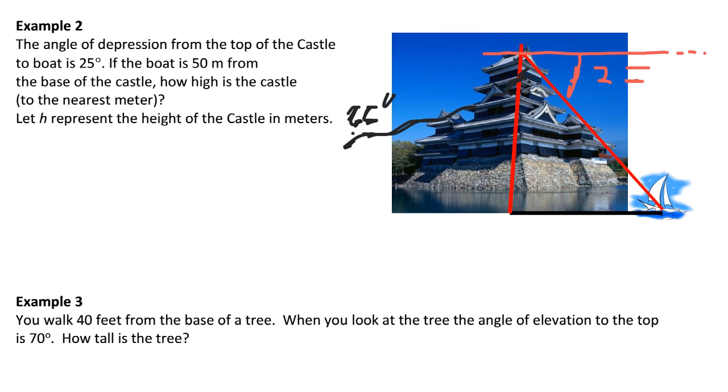We're talking about a 65-degree angle that we're looking at inside here. Okay, so this definitely wasn't drawn very well. And the boat is 50 meters from the base of the castle.